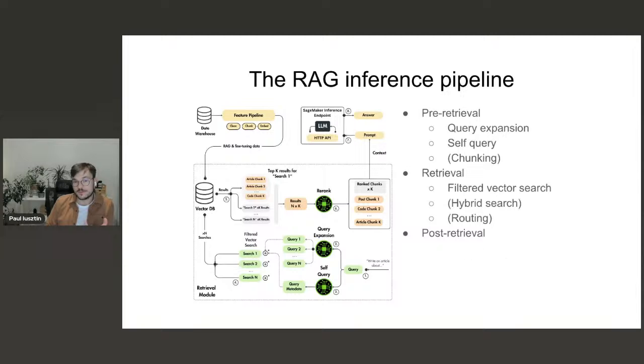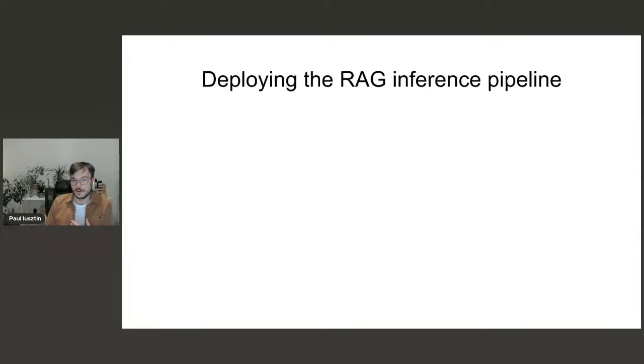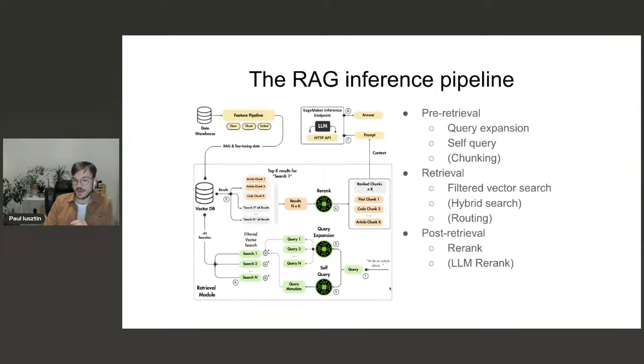Now, we have the RAG collection part, the RAG feature pipeline, and the RAG inference pipeline. Now, let's understand how we could deploy these things. For example, the inference pipeline, which is actually our chatbot in the end, right? So if you think about it, we have this query, and all of these advanced things are going on.